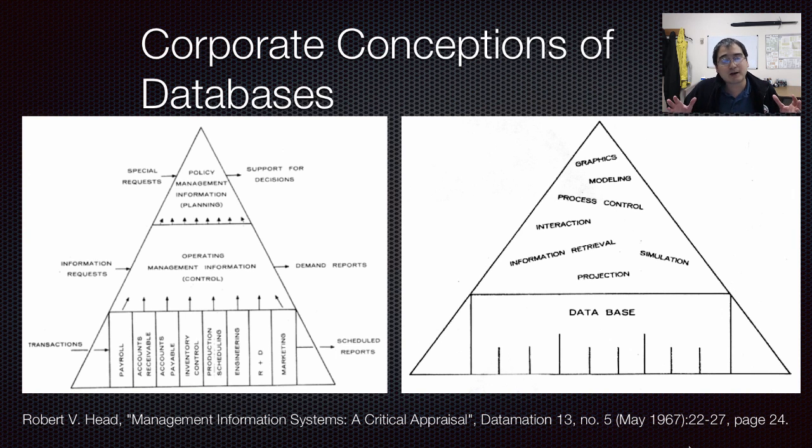So let's talk about how databases changed how people used computers, especially in corporate contexts. It used to be, here on the left, that the plan for organizing information was that at the very bottom you have a bunch of different people who each have their own special parts of the information, and they would pass that up to management, and management would take this information from a dozen different separate sources and use that to decide what we actually need to do, in terms of management decisions.